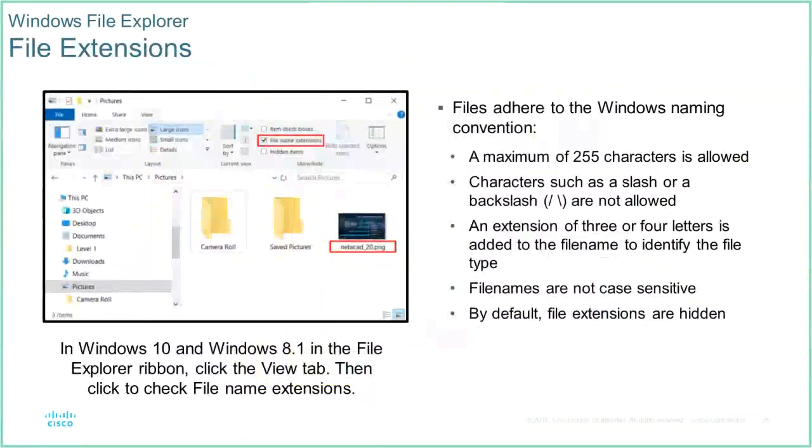By default, file name extensions are turned off, but you can have them on by just clicking a button there in the View. And under the View, you also can set your various display characteristics on whether you want icons or details, lists, so the look and feel of how these things are displayed.